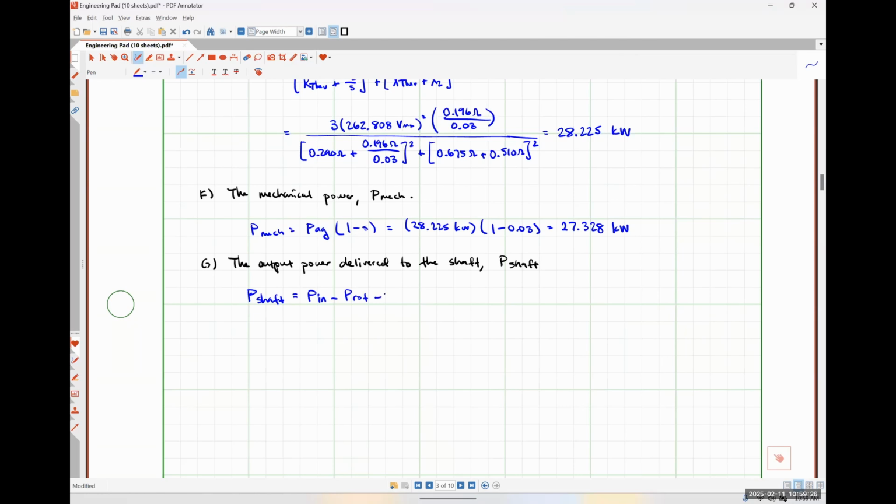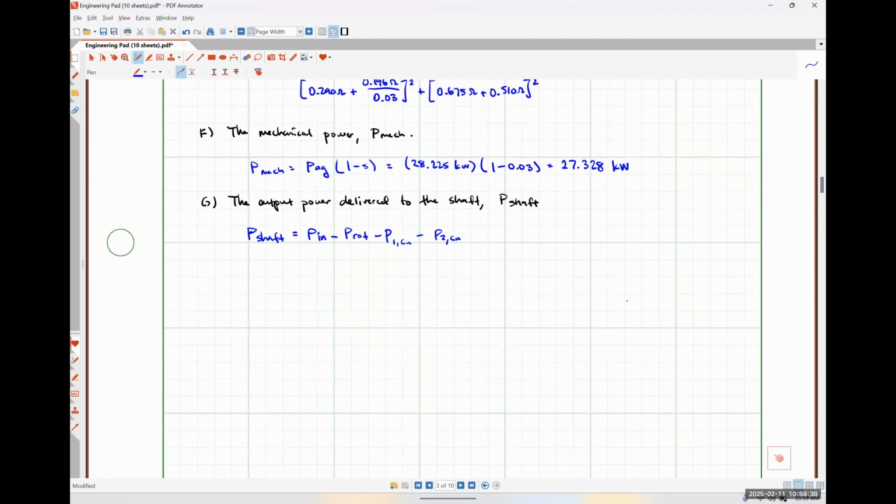So I'm just going to put minus P1,CU representing the copper losses in our stator, and P2,CU representing the copper losses in our rotor. I'm going to give us some space to put those numbers in, but now we need to figure out those constituent parts.